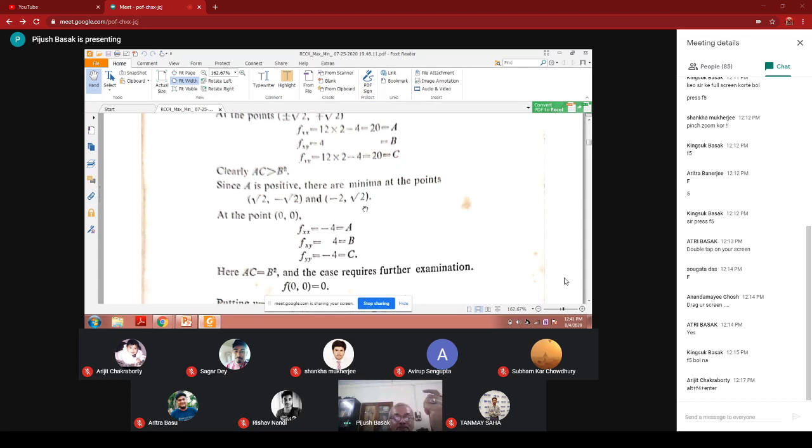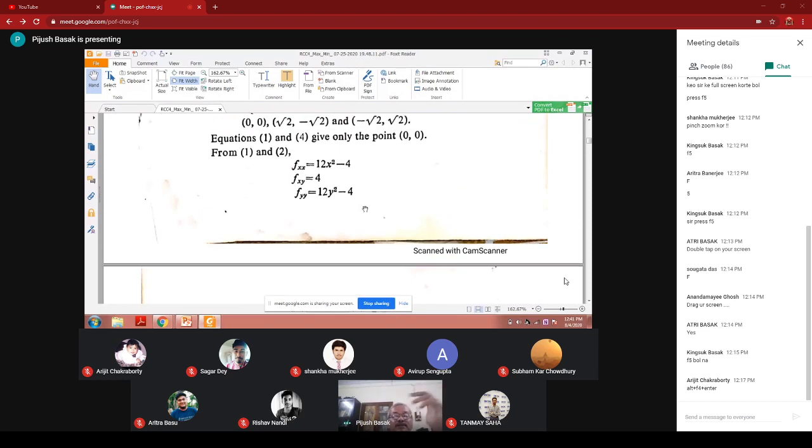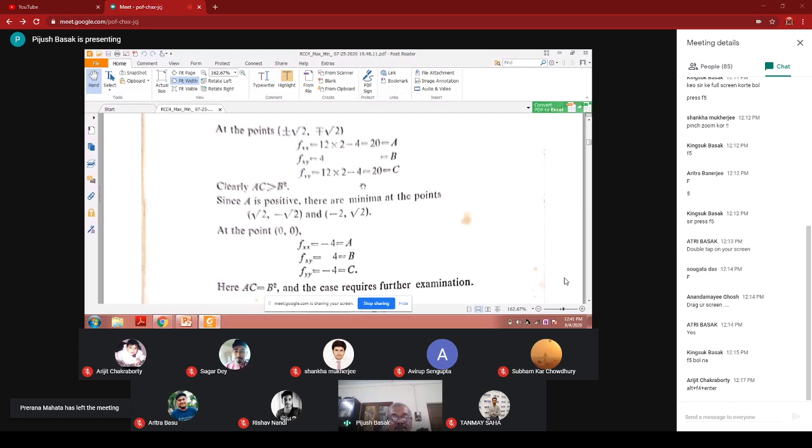But one point is left over, that is 0, 0. From 0, 0 what will happen? If x is equal to a, y negative, and if xy is positive, b is 4, and c is minus 4. So AC is equal to b square.